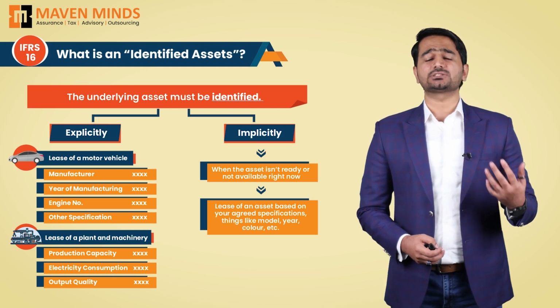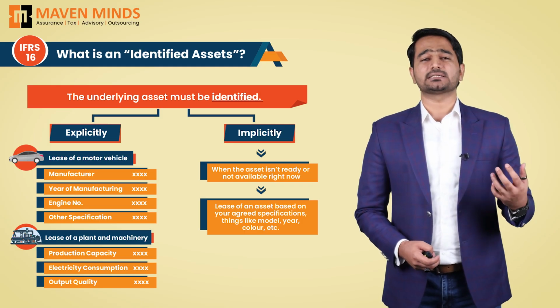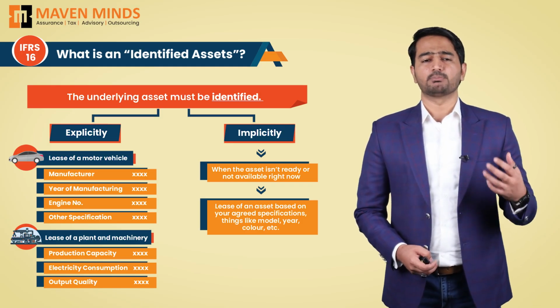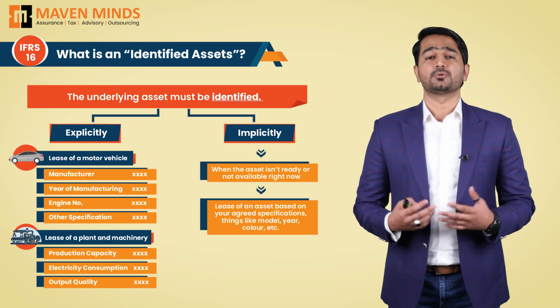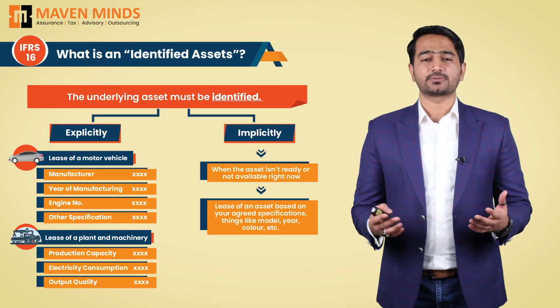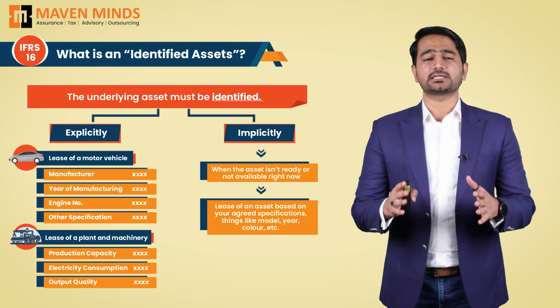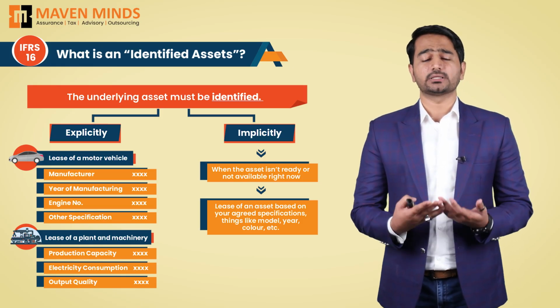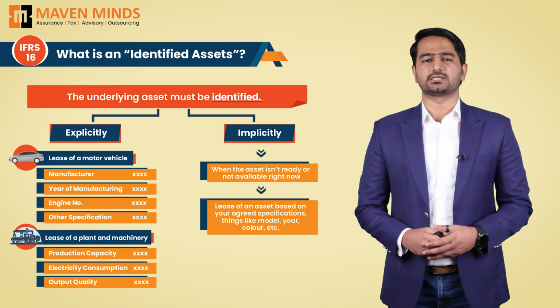Or the asset can be identified implicitly, where the asset is not yet available but will be provided based on the agreed specifications. Both forms of identification, explicit or implicit, mean that there is an identified asset. And that's the key for determining whether the contract qualifies as a lease contract under IFRS 16.